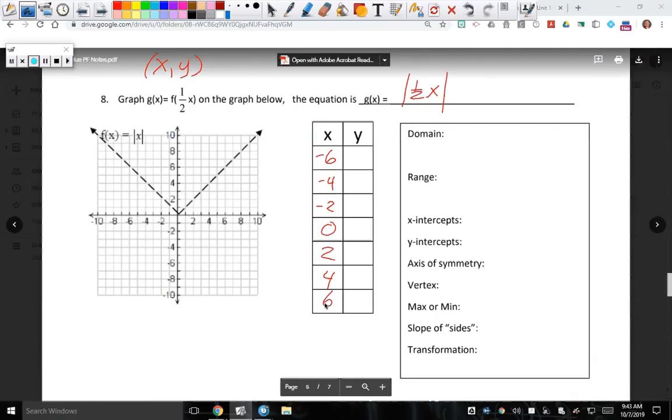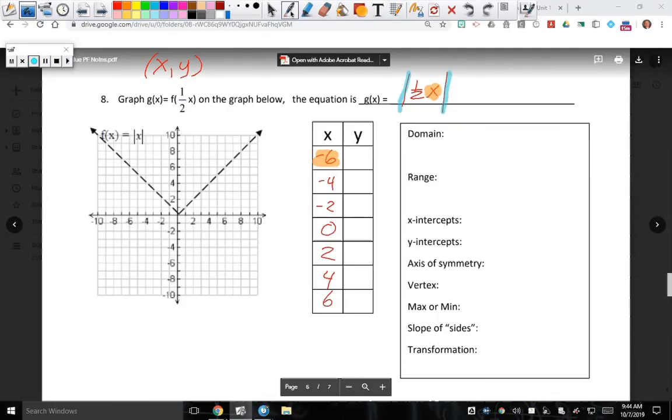Okay? So when I plug this number in, what's first going to happen to this -6? It will multiply by 1/2, right? What do I get? -3. The second step that happens is this step right here.